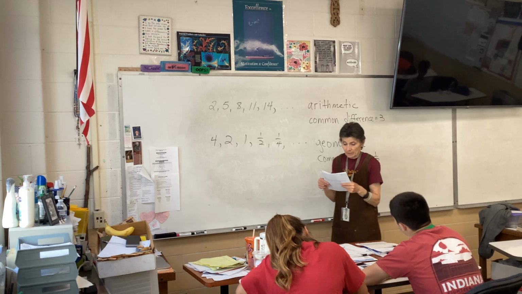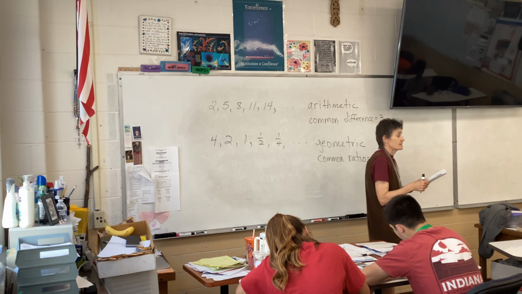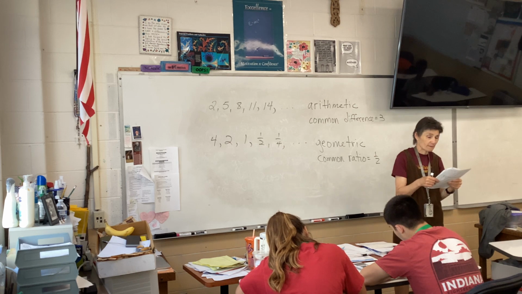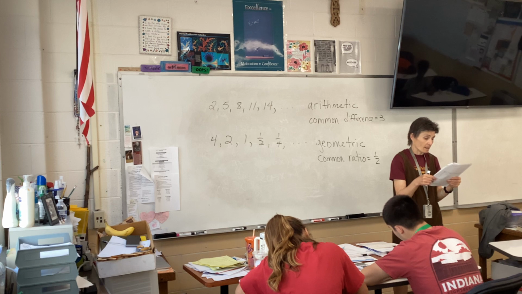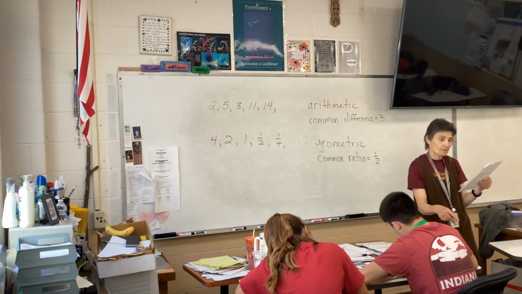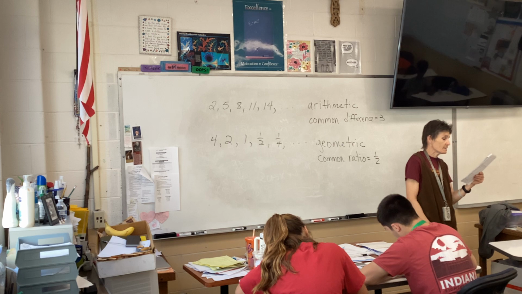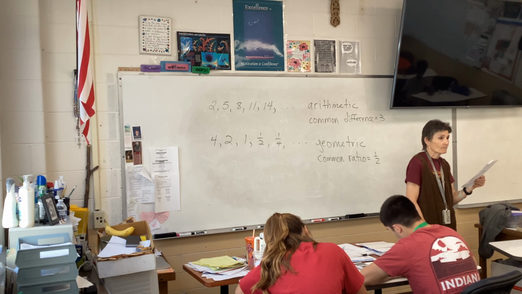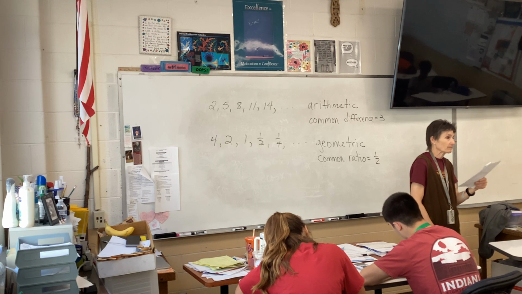All right, what about E? Geometric, and the ratio is 2. Because to get from term to term, what are we doing? Multiplying by 2. F? Arithmetic. It's arithmetic when it's a noun, it's arithmetic when it's an adjective. Arithmetic, and the common difference is 2. And how about the last one?